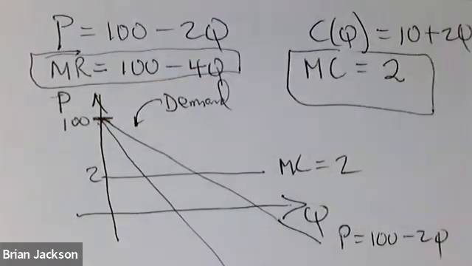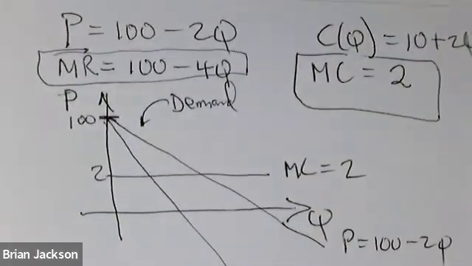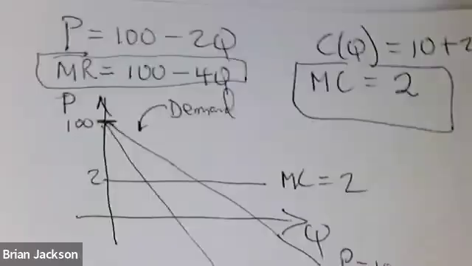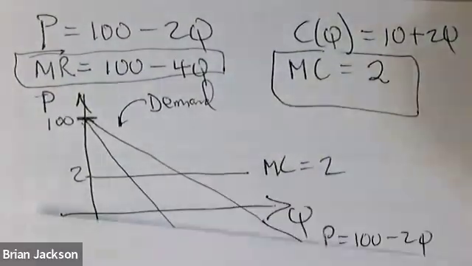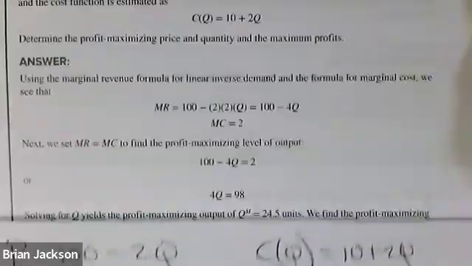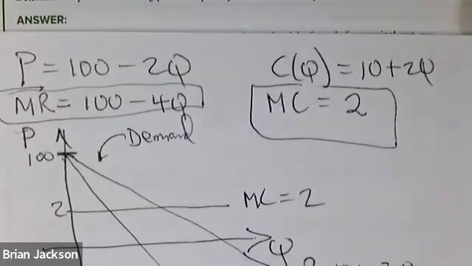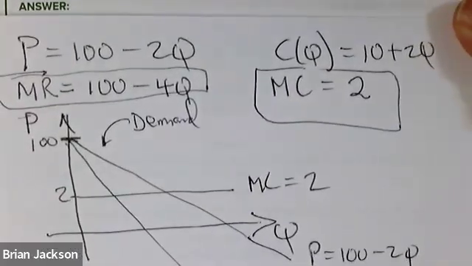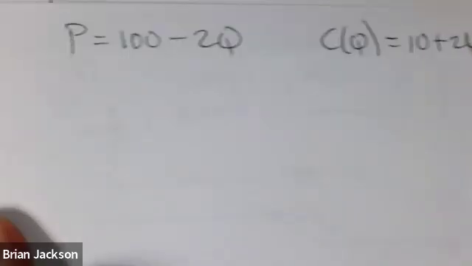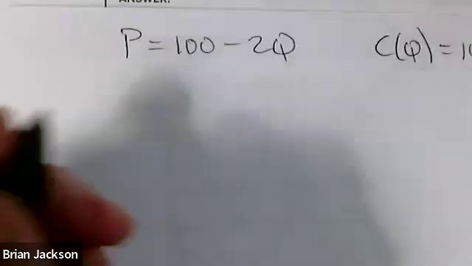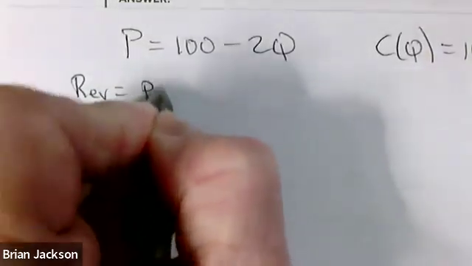But another way of looking at this, just so that you'll see the consistency, is the way they show you, and I want you to be able to read their solution, right? Well, if you have the price given here on the left, then another way of getting the marginal revenue is to note that revenue is equal to price times quantity, right?